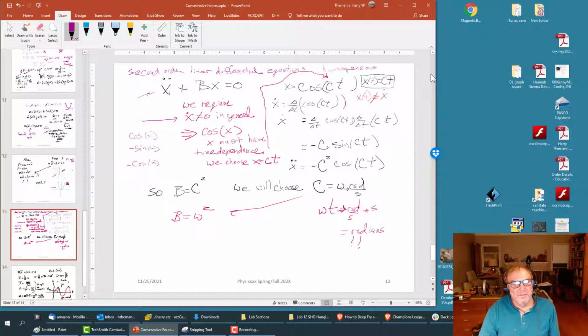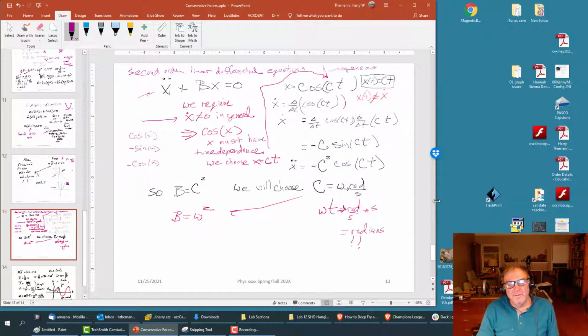So if we end up with minus c squared cosine of ct, if we make b equal to c squared, then this becomes 0. That's cool. And then because we know cosine is of angles, and the generalized form is radians, we call c omega, the number of radians per second, so it's sort of an angular speed, a rotational speed.